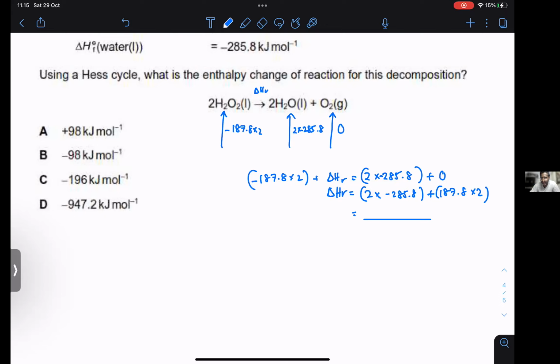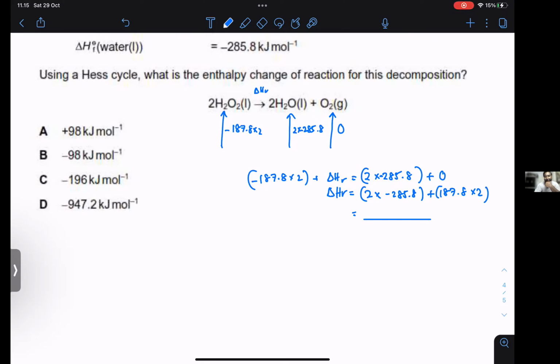No, sir. 196. I got 196, positive 196. I also got 196. Negative, yeah? Yeah, negative 196. It should be a negative value. Okay, check again. I think roughly negative 400. I don't think so, you check again. 300, 300, 600, 600.